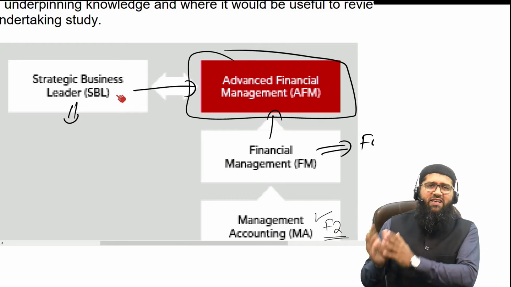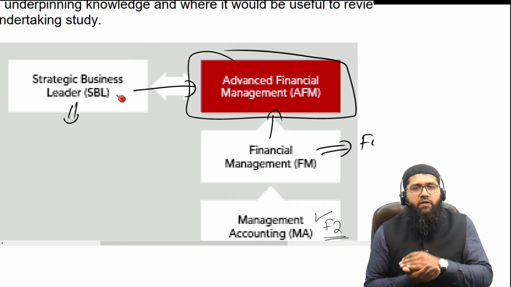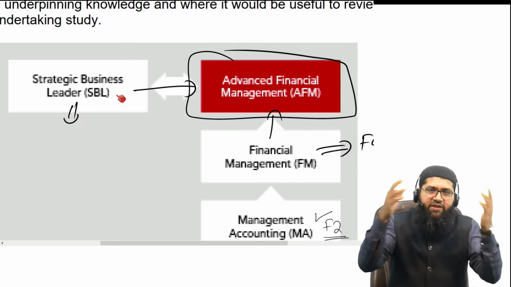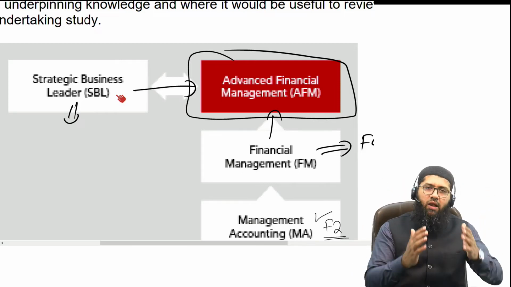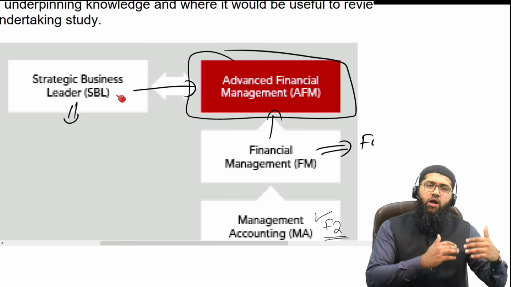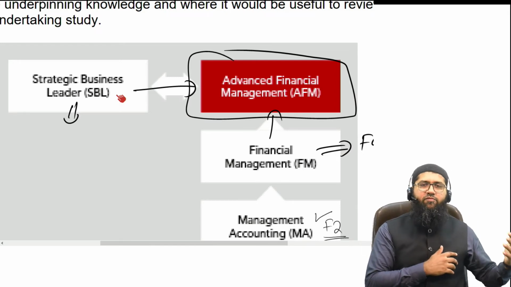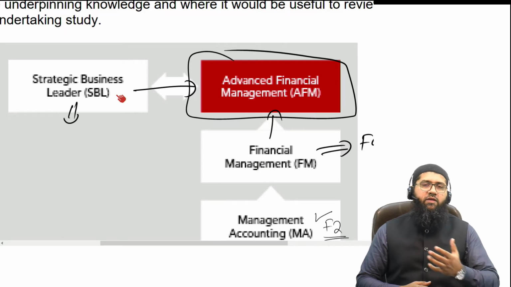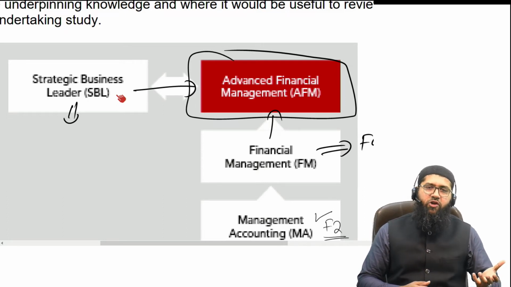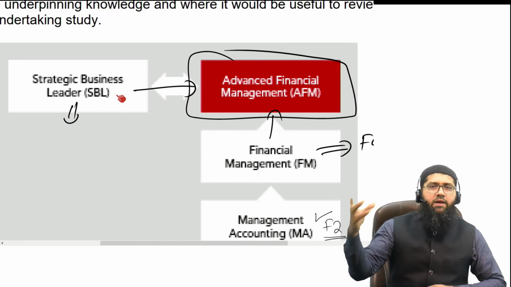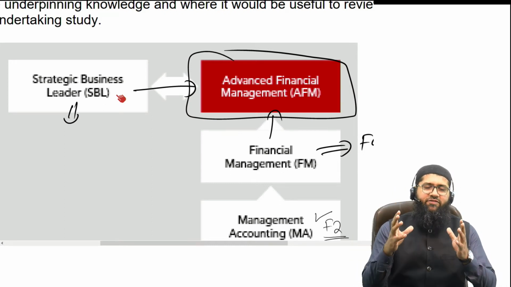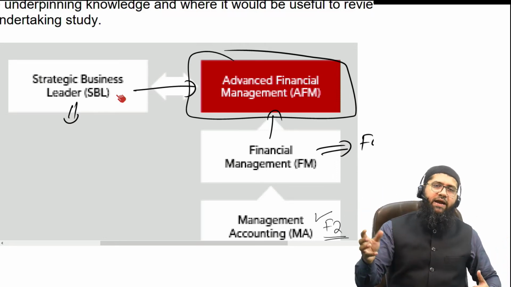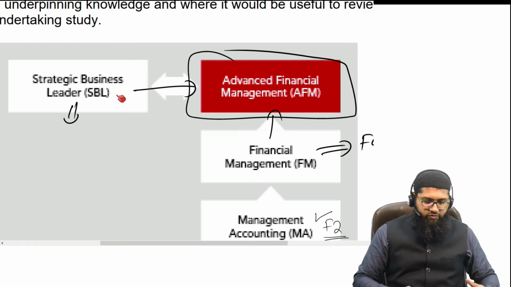Whether that be an investment decision, a decision for mergers and acquisition, or a decision which would ultimately involve restructuring within the organization, all of that would require knowledge of the SBL, the different business models, the Porter Five Forces model, the PESTLE analysis, the SWOT analysis, the BCG matrix, the governmental policies, etc. The different types of business decisions that you are going to be considering while taking a decision. So you got to be considering all this.